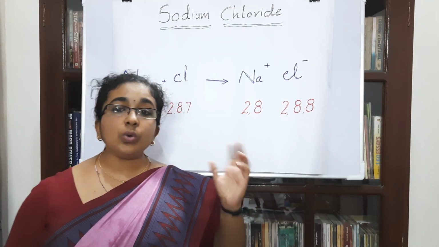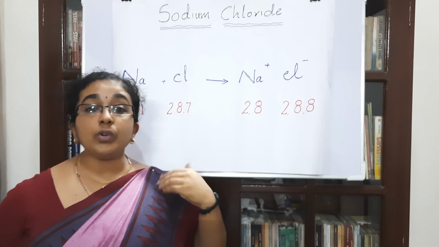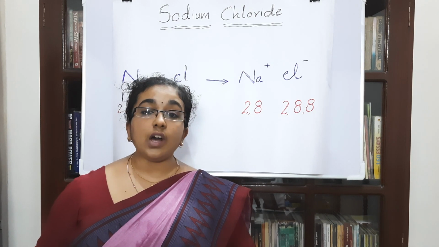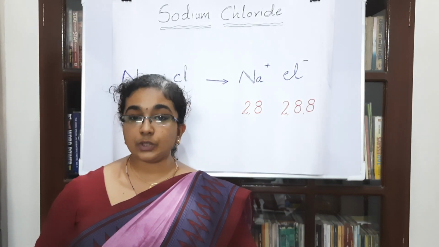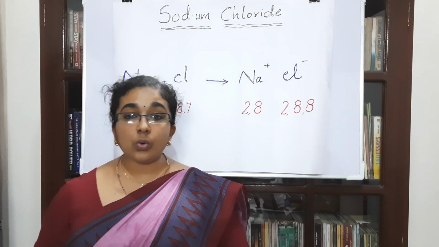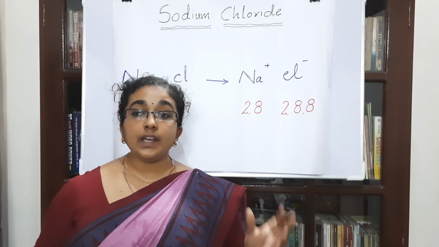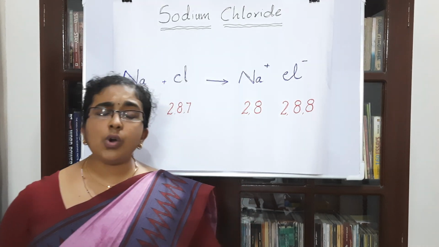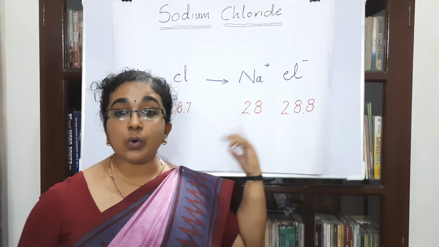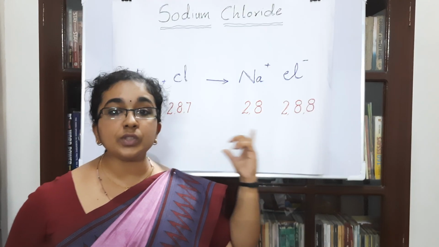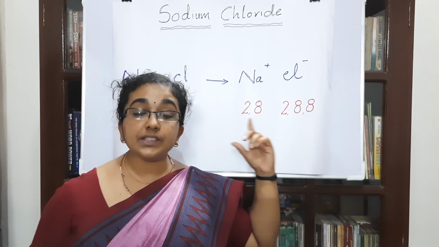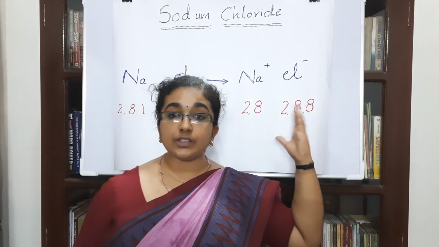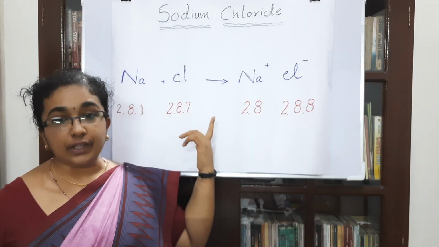Chlorine accepts an electron to form the chloride ion, Cl−, and negative ions are known as anions. Through this, sodium and chlorine atoms complete an octet in their outermost shell and attain stability. The oppositely charged ions thus formed are held together by an electrostatic force of attraction, and this attractive force is known as an ionic bond. So sodium chloride contains an ionic bond.